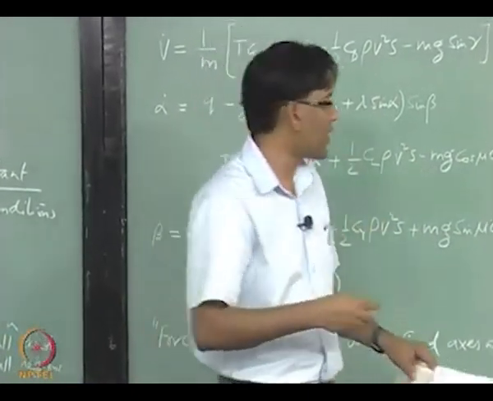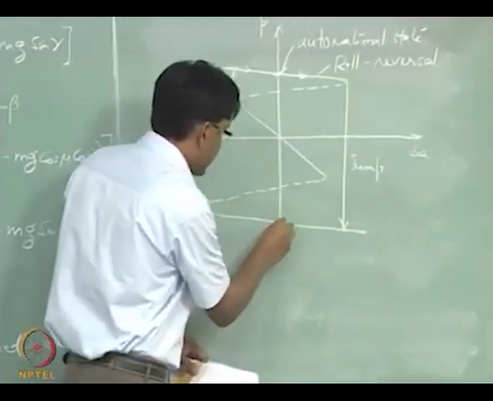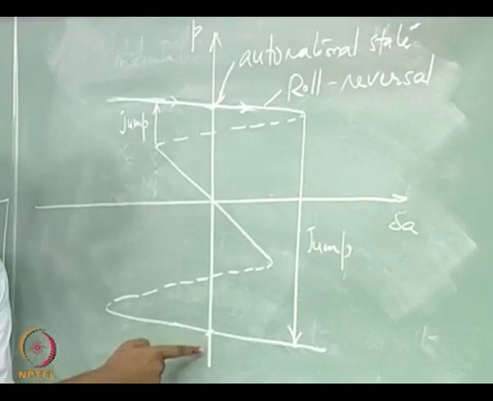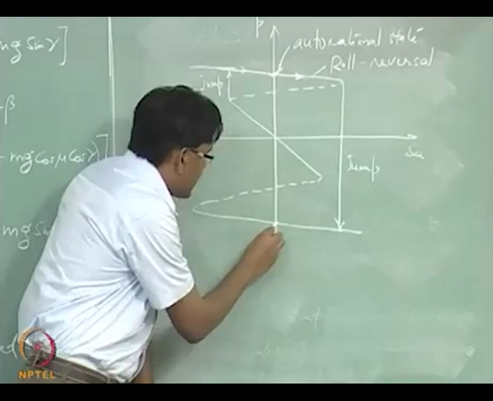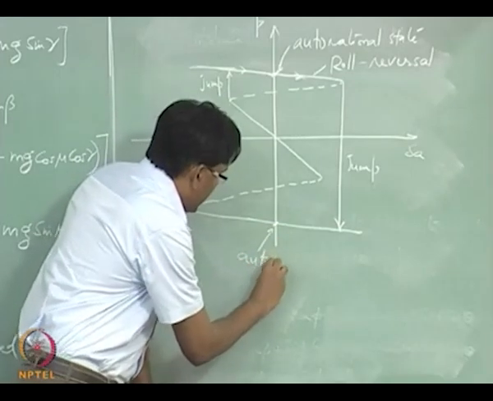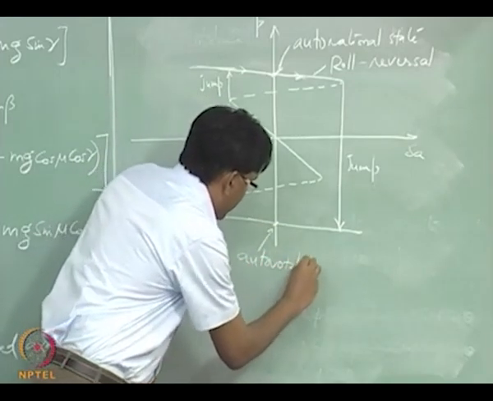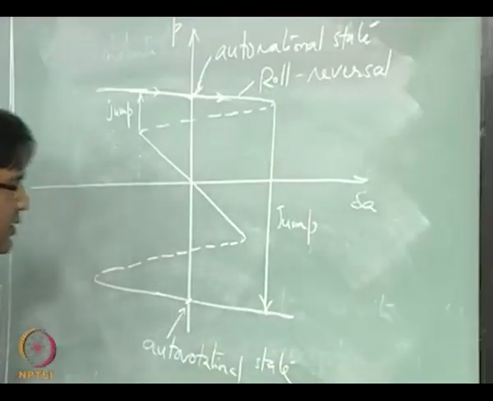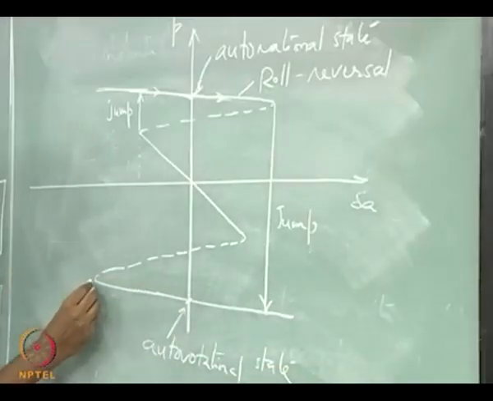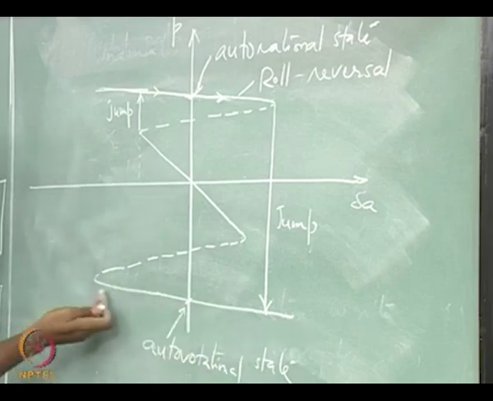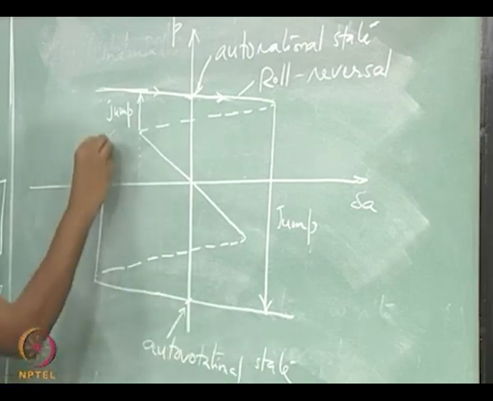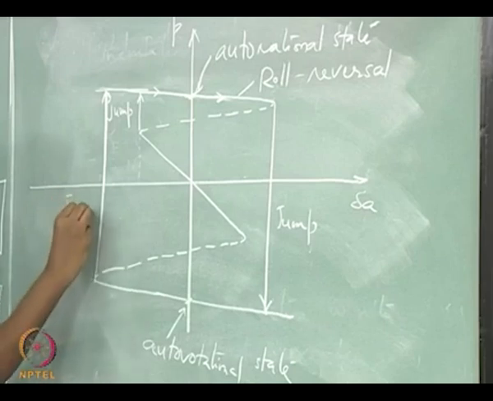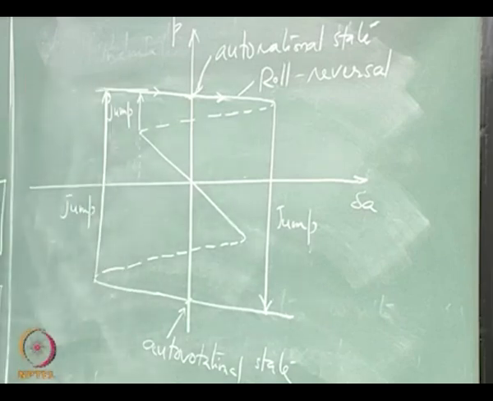So you start bringing back your aileron, and at this neutral condition, when the aileron deflection is 0, you see a negative roll rate. And if you further change your aileron, you see that you are going onto the upper branch of solution.